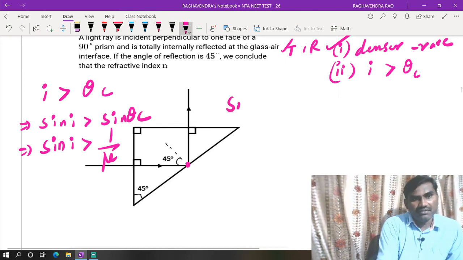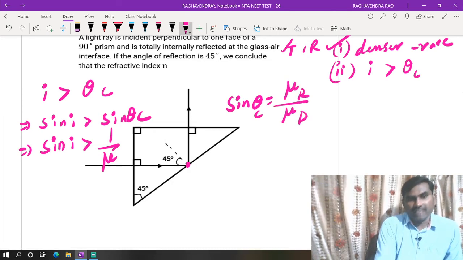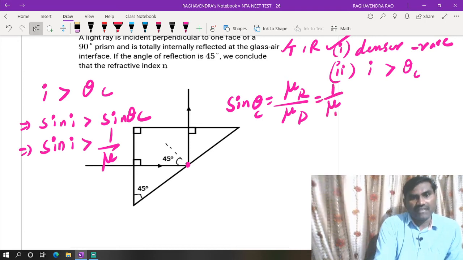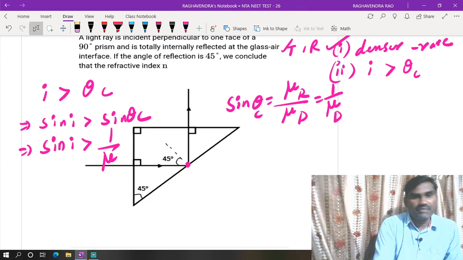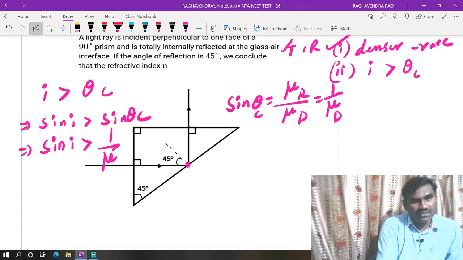So sin critical angle is equal to refractive index of rarer medium by refractive index of denser medium. Here the rarer medium is air, so this will be equal to 1 by refractive index of denser medium, which is nothing but the refractive index of the prism, represented with mu. Right. So sin i is greater than or equal to 1 by mu.